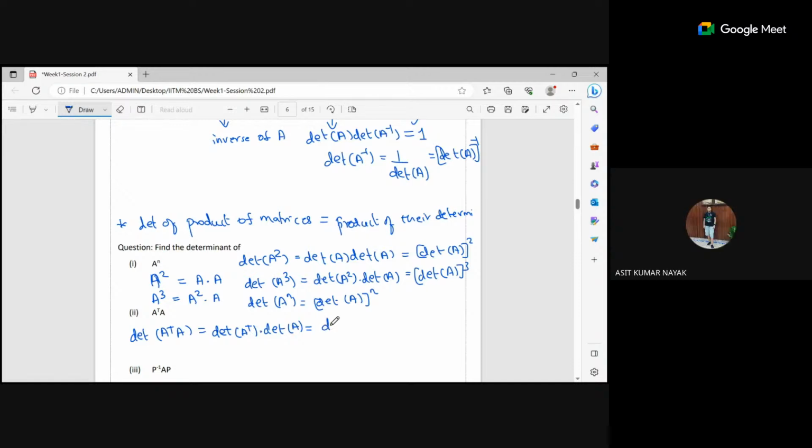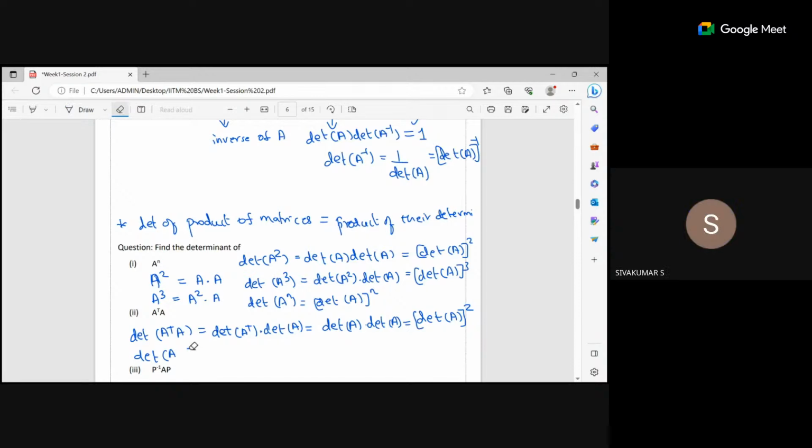It is determinant of A, so the whole is determinant of A, the whole square. Right. So then obviously, what can you say about determinant of A transpose?